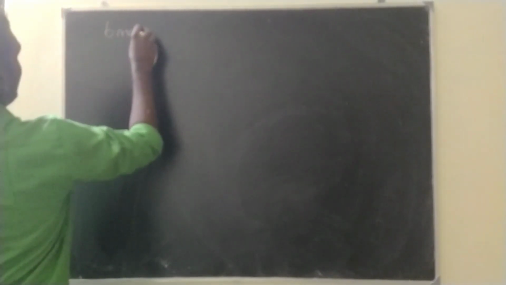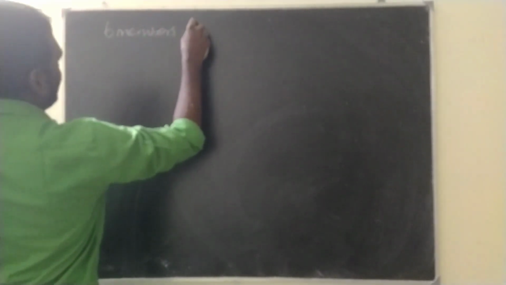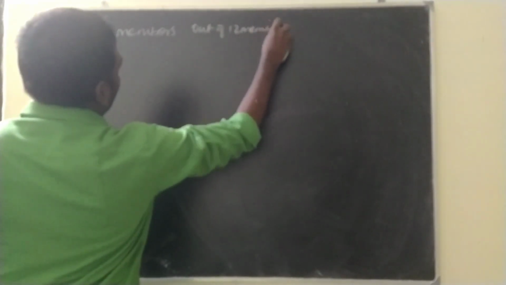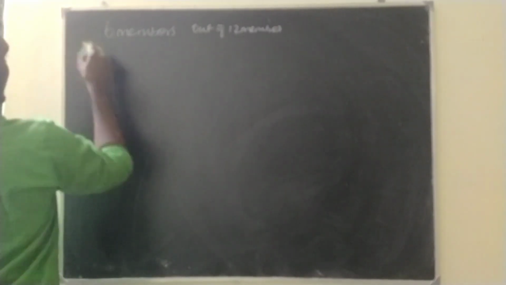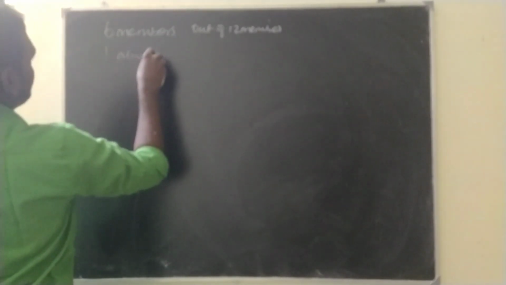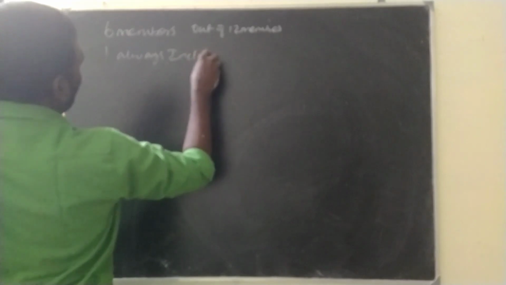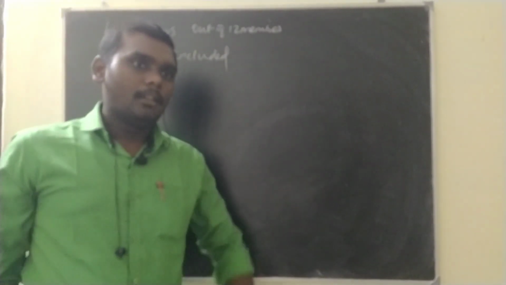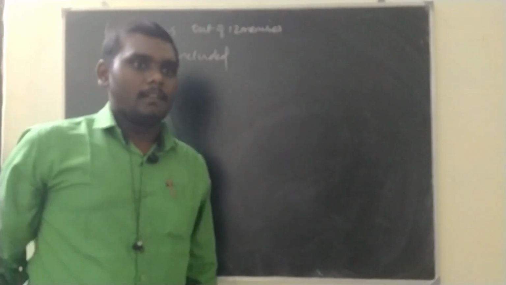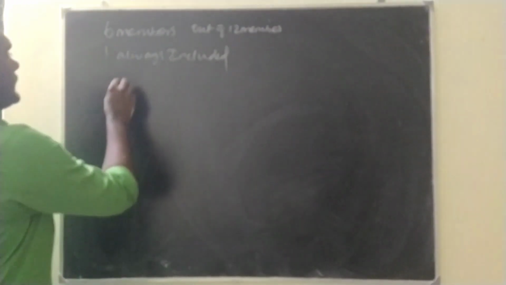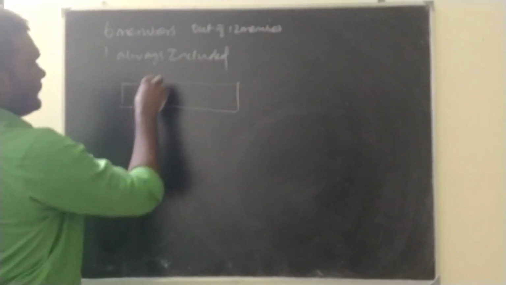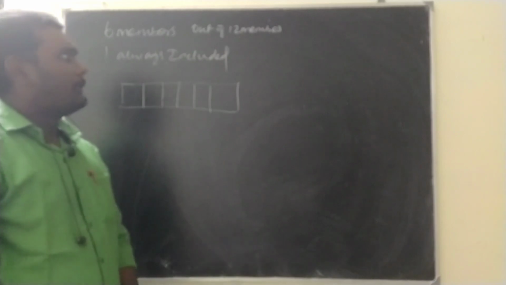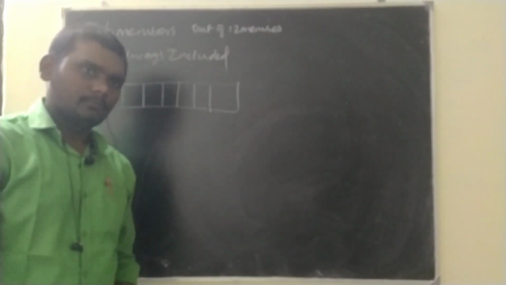The number of ways of selecting 6 members out of 12 members, 1 member always included. See how many selections we have to make? 6. From 12 members we should select 6.